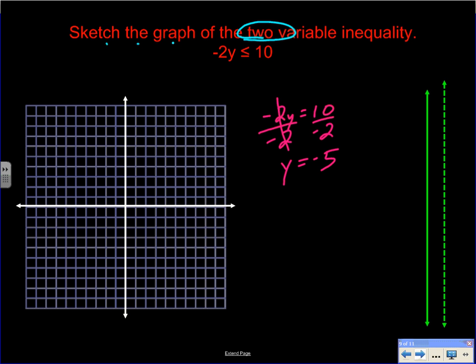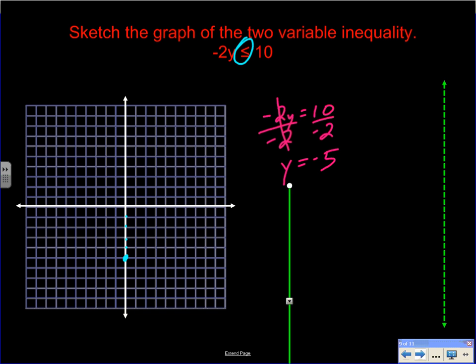So we have to graph that line, y equals -5. 1, 2, 3, 4, 5. It'll cross through there. Is it going to be a solid or a dashed line? Solid. And we know that y equals -5 is going to be a horizontal line crossing the y-axis at -5.